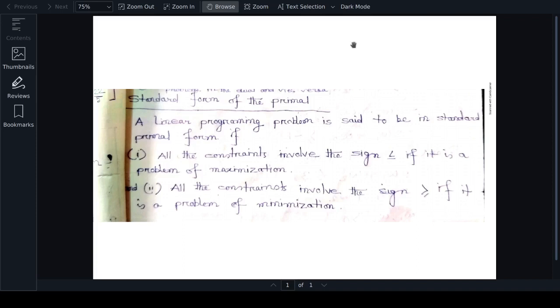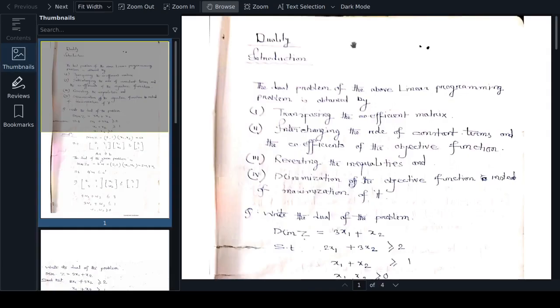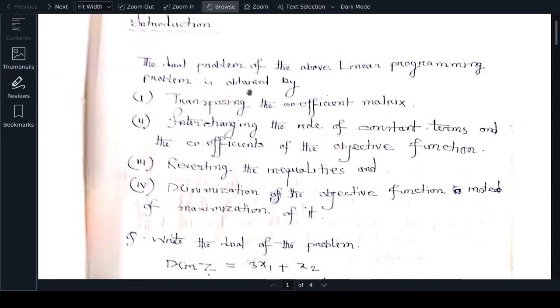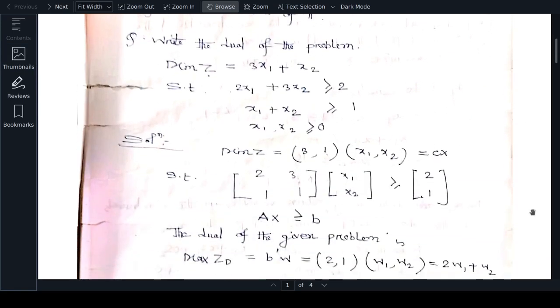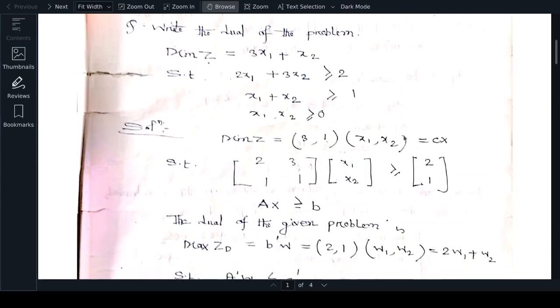Next, move to the first page of today's PDF file. You see the question: write the dual of the problem.